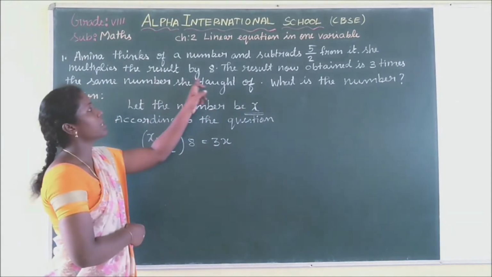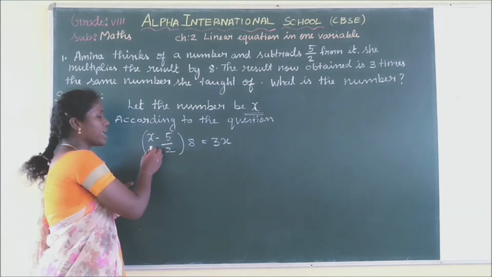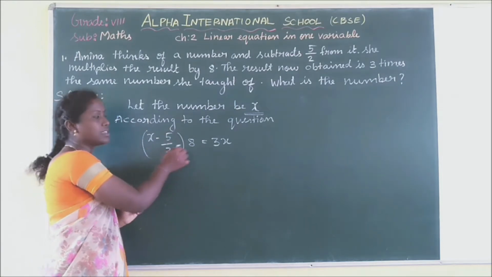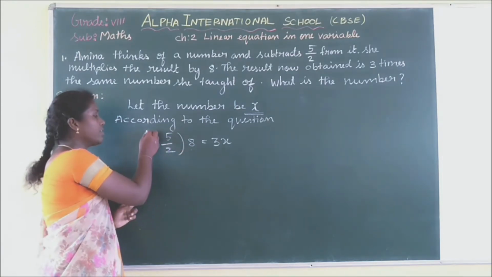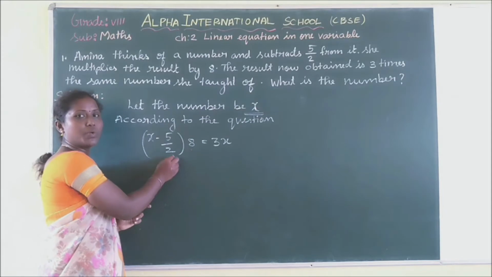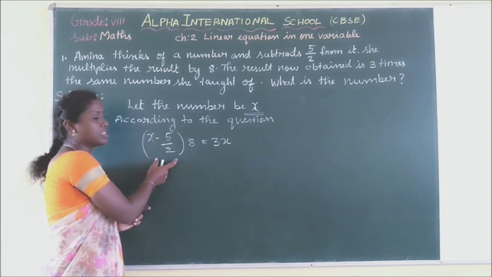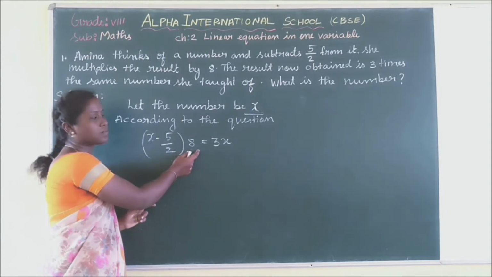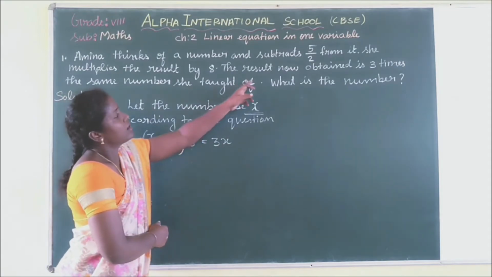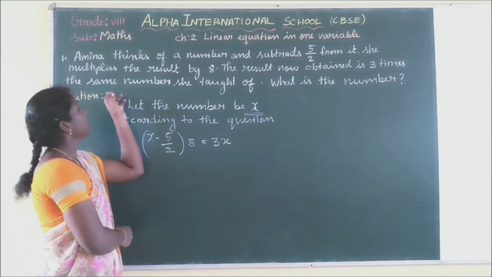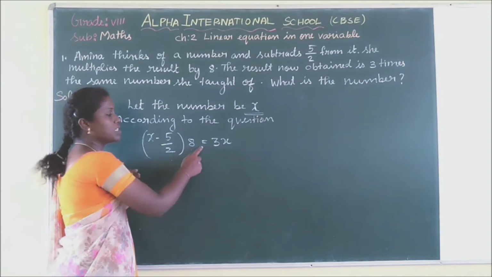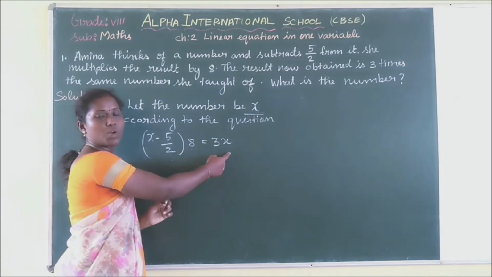What is the second condition given? The result is multiplied by 8. After subtracting 5/2 from x, the result is multiplied by 8. So we take (x minus 5/2) into 8. And the result now obtained is 3 times the same number. What is the number? x.